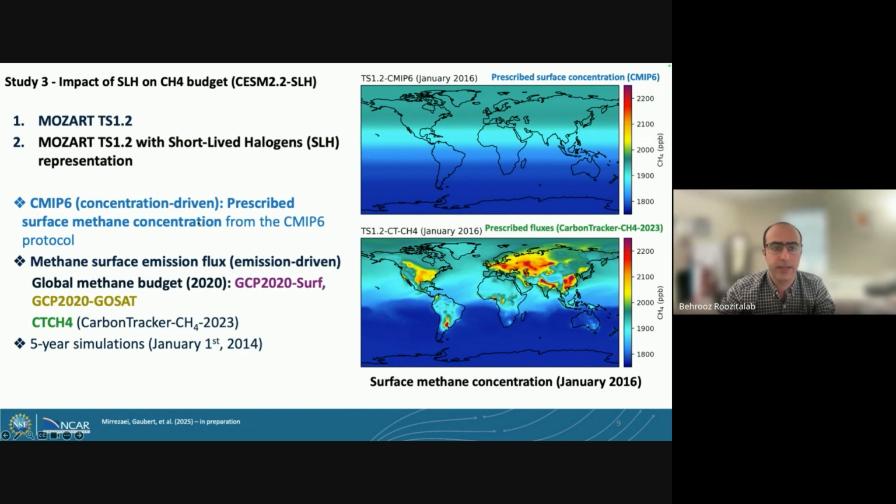And we also looked at the impact of the prescribed methane at the surface, or using the emission-driven methane from different data sets. The simulations were done for 5 years, mostly trying to focus on evaluating the model against the ATom campaign.